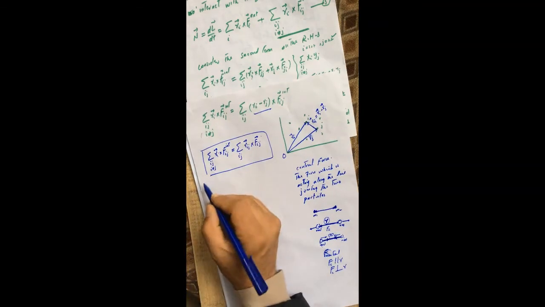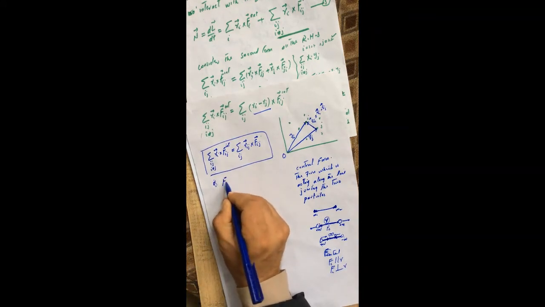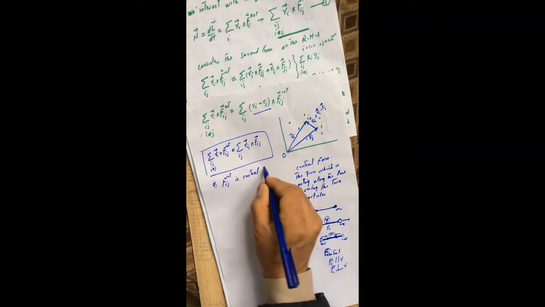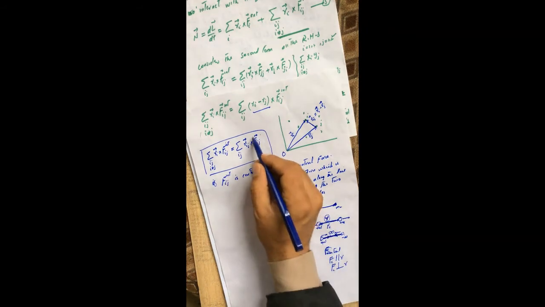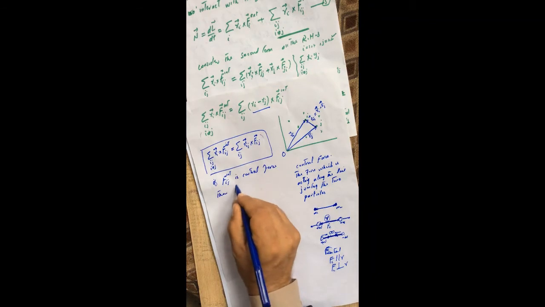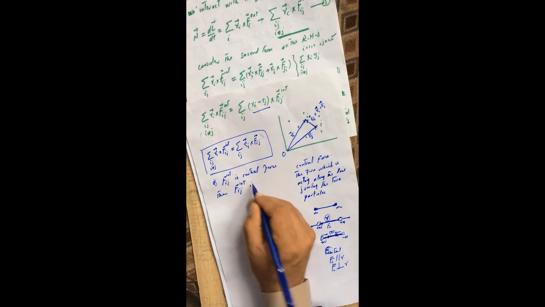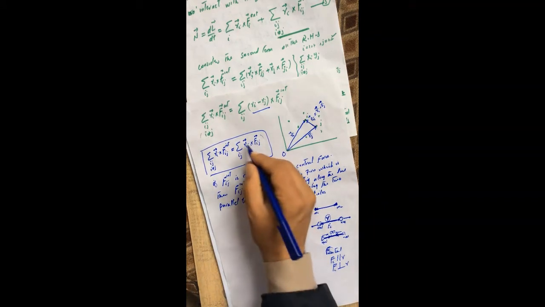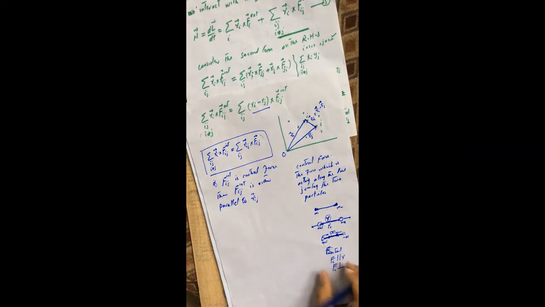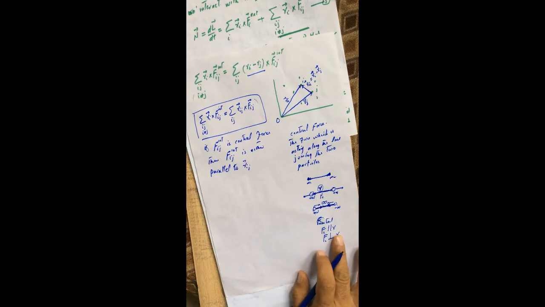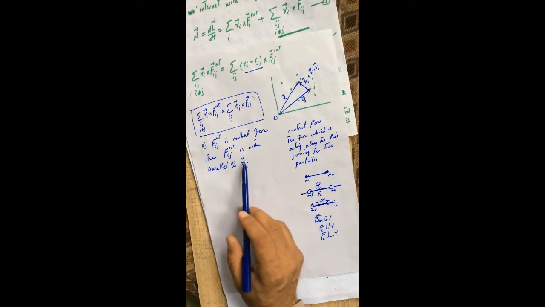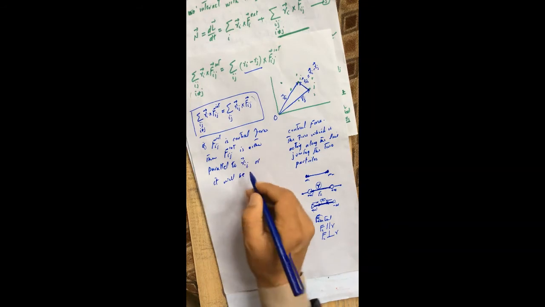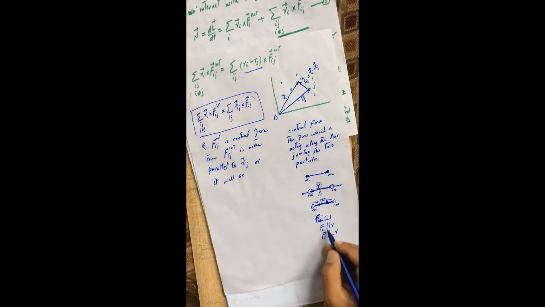So if F_ij internal is a central force, then it is either parallel to this position vector R_ij, because I already mentioned it here, or anti-parallel to R_ij.